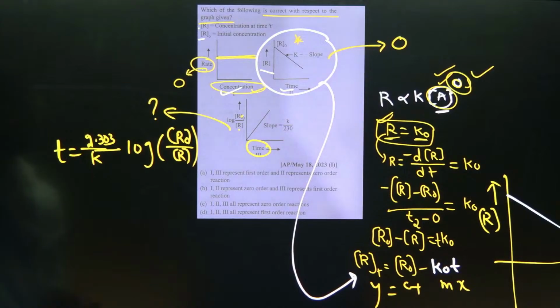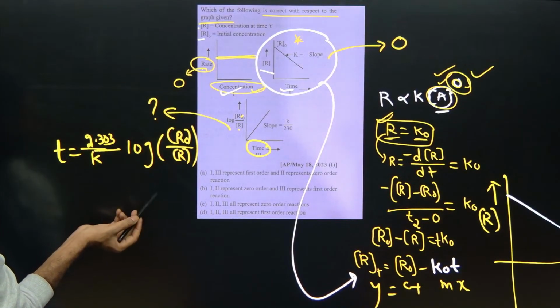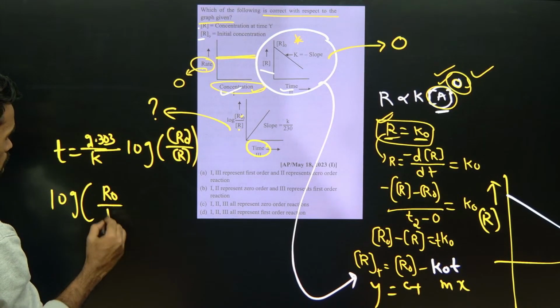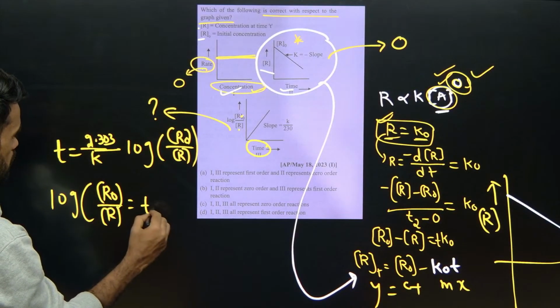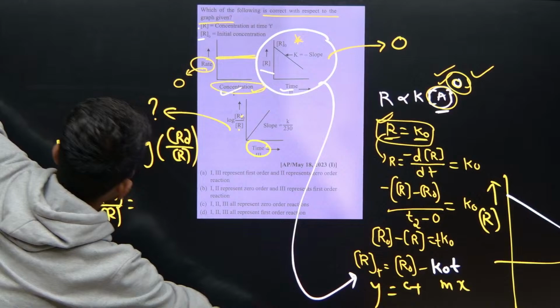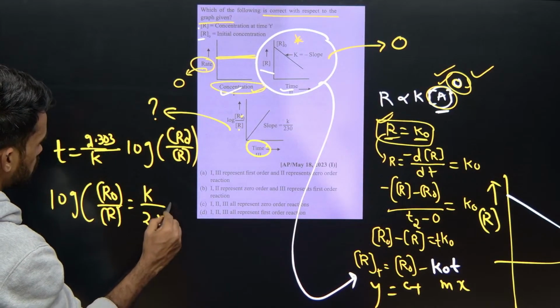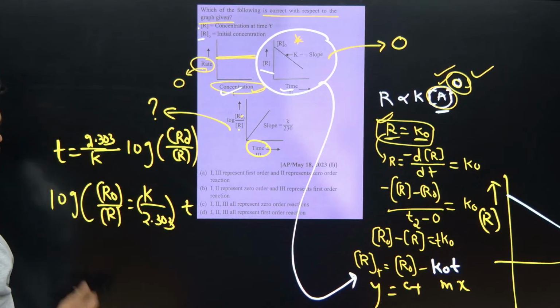Then next, this is a y equals mx type graph only. So log R naught by R will be equals to k by 2.303 multiplied with t, that is time here, not temperature, time here.